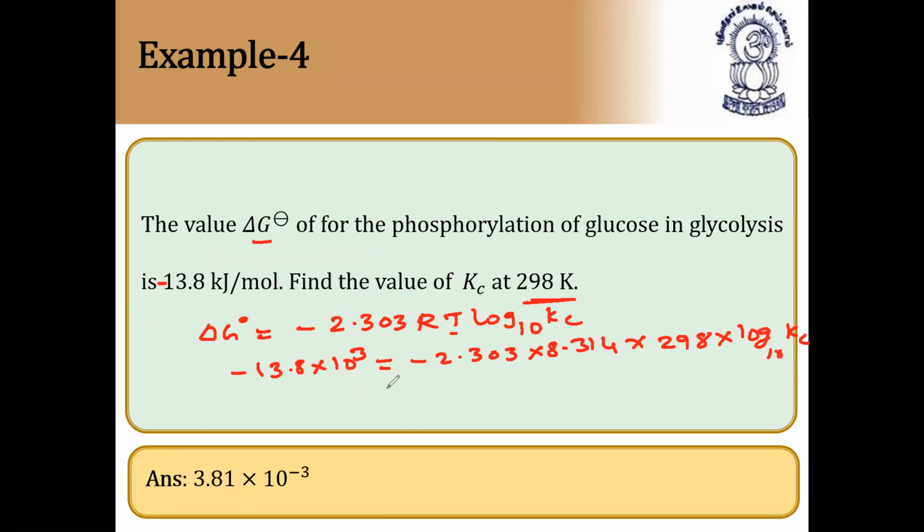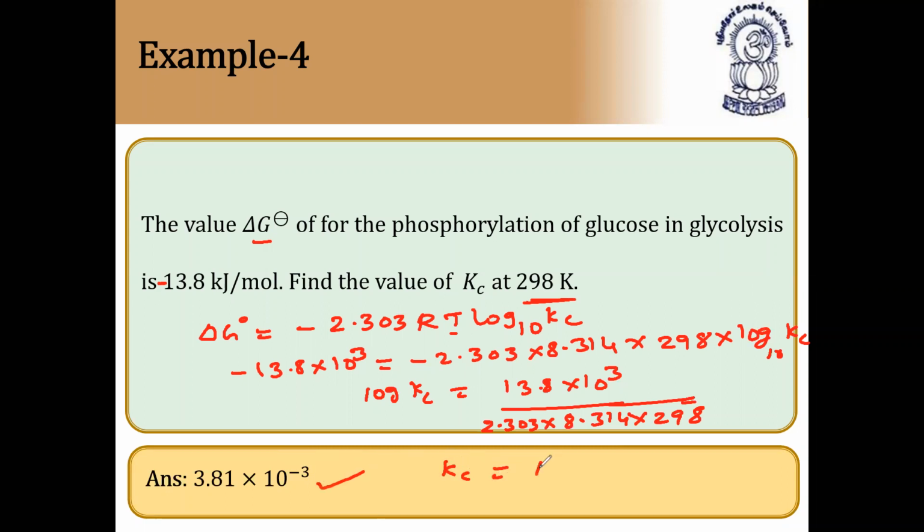By this, log Kc is equal to, the minus and minus get cancelled, 13.8 into 10 to the power of 3 divided by 2.303 into 8.314 into 298. After calculating this value, you'll get it as 13.3 point.